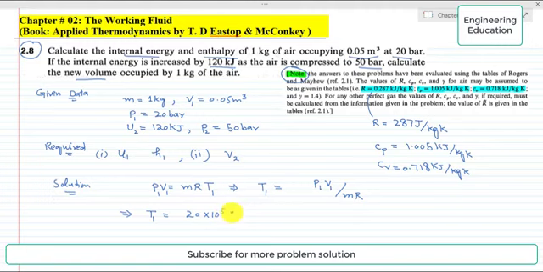The value of V1 is 0.05 cubic meter, divided by m, which is 1 kilogram, multiplied by R, which is 287 joule per kilogram per Kelvin. Simplifying this, T1 comes out to 348.3 Kelvin.